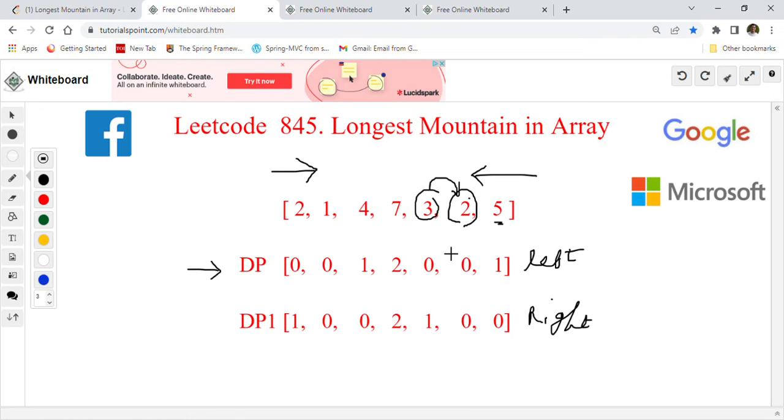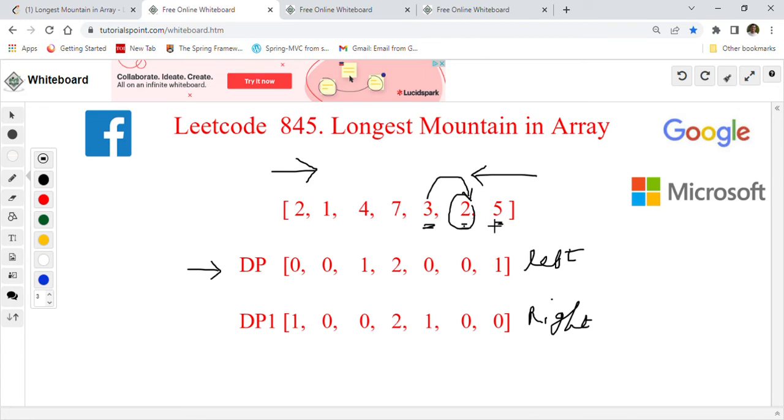So I'll explain this one more time. When we are going element by element, for example, when we reach here, we will ask this next element here, right? If this element is contributing to that array, how many elements can contribute? So this element can contribute, right? Because this is smaller than 3, right?